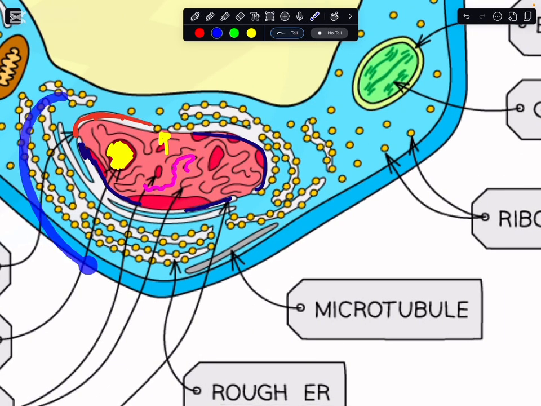I have highlighted that this is a rough endoplasmic reticulum. On it there are small spherical units present, and these are the ribosomes. It is the presence of the ribosomes that makes the membrane appear rough, so that is why it is called the rough endoplasmic reticulum.